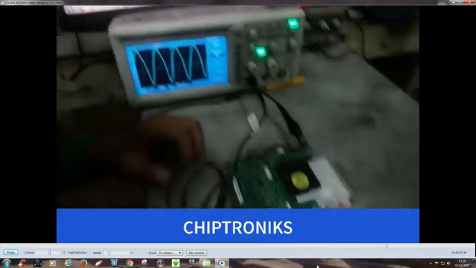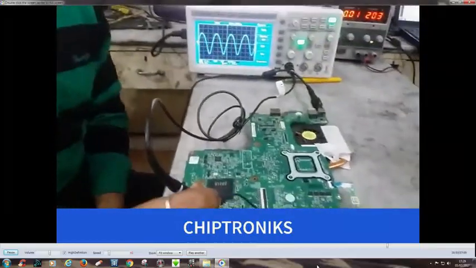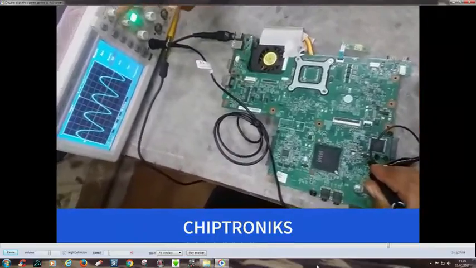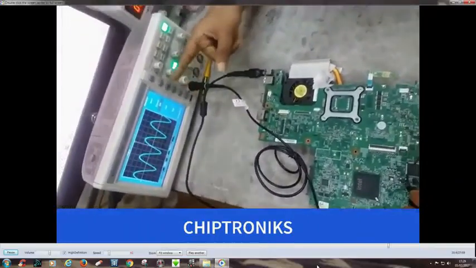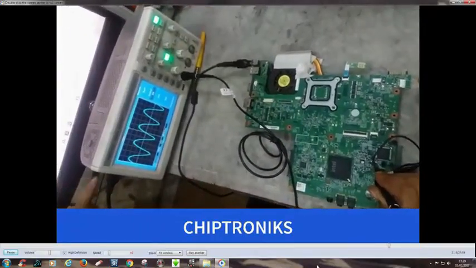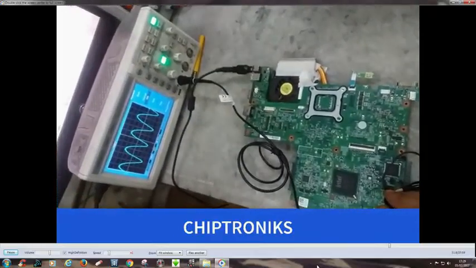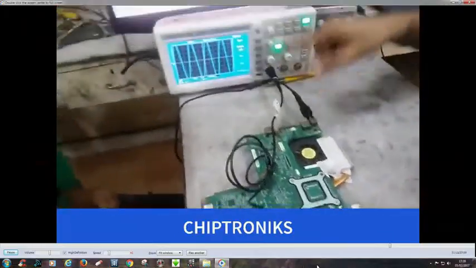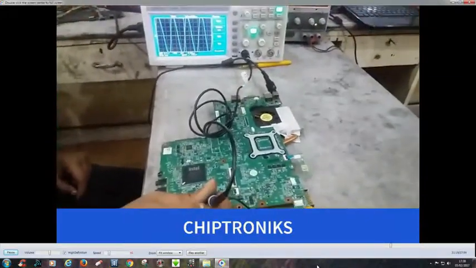You can see 1, 2, 3, 4. So we have to check at pin number 1. And you can see the sine wave. You can see the input side. Let's check at pin number 4, and you can see a high sine wave is here.